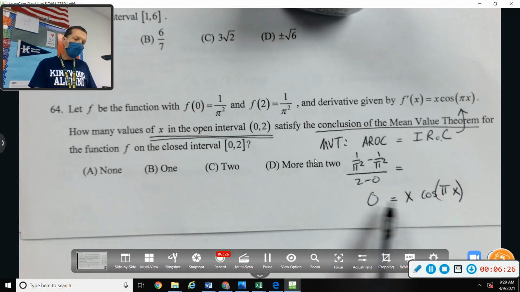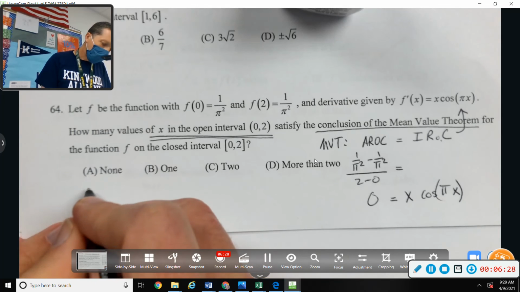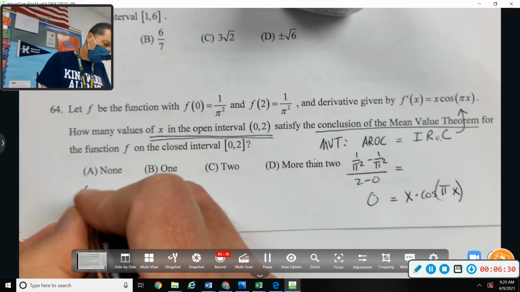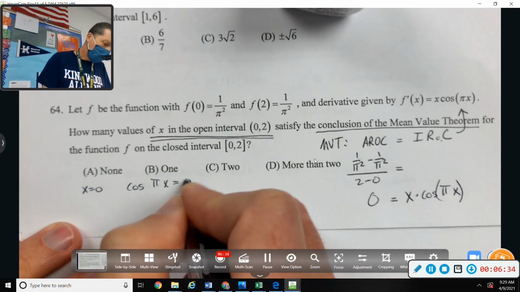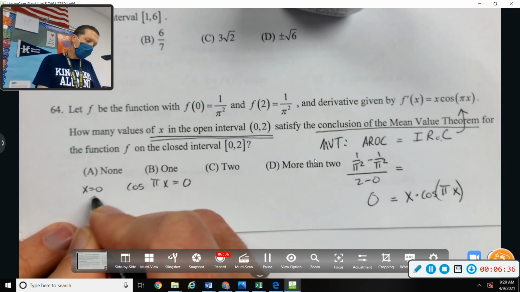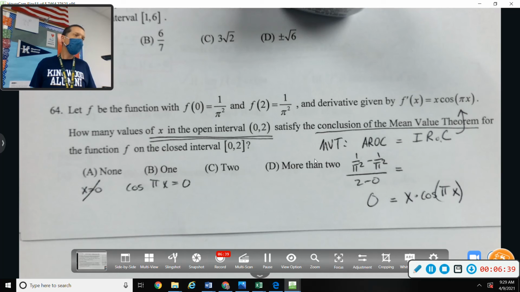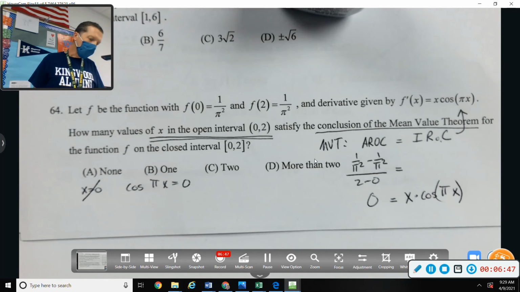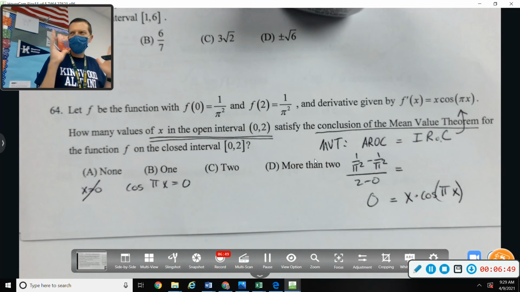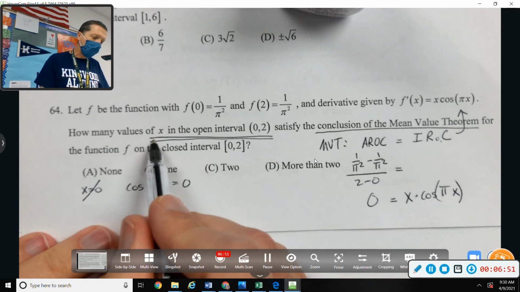So let's set both factors equal to 0. X equals 0 is outside the interval, so I can't use that. That one's tricky because it's the open versus closed thing that throws it out. But they didn't make us memorize which one we had to use. They told us how many values in the open interval.